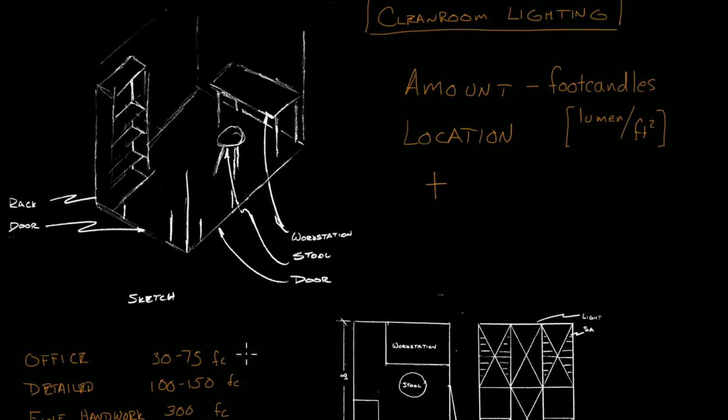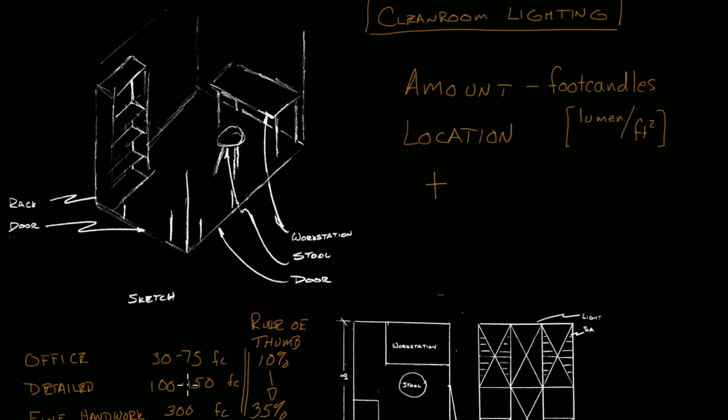Now there's a fair bit of calculations that go into getting this right, but for the purpose of this project, what does that look like? What's our rule of thumb? The rule of thumb here is we're going to assume that you're doing light fixtures in the ceiling, and let's imagine you have 10% coverage for the office, would probably give you about 30 to 75 foot candles, all the way down to 35% coverage if you need fine handwork.